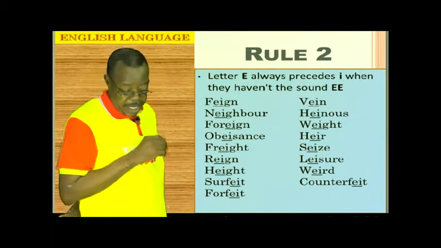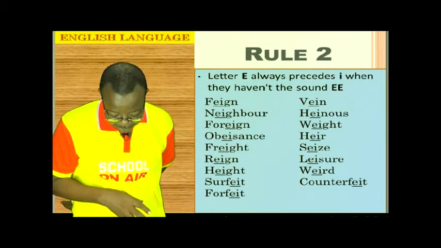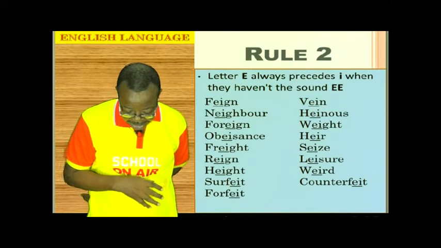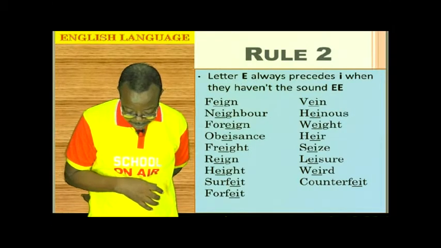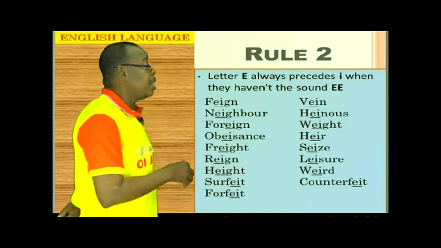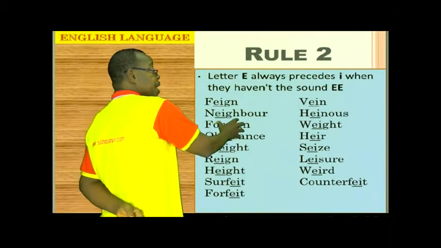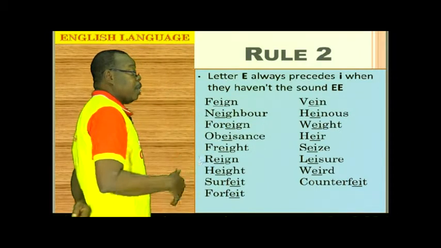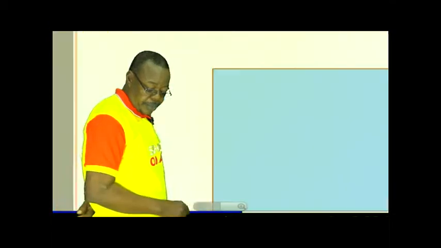Okay? You have neighbor, foreign, obeisance, freight, rain, height, counterfeit, weight, leisure. All these ones, they have EI. Don't forget. Okay, that's our rule 2.